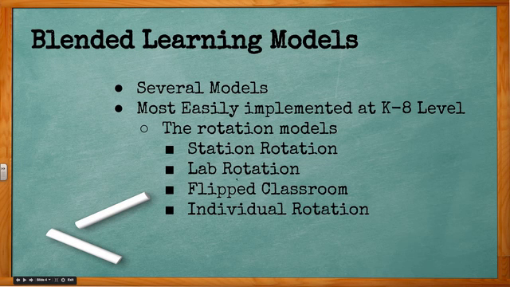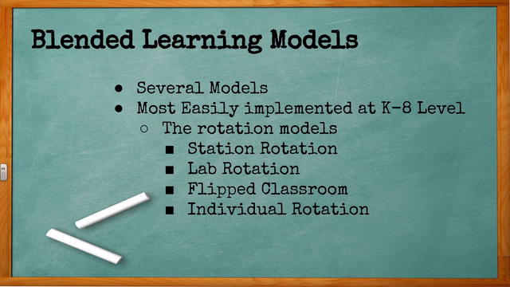The lab rotation looks a lot like the station rotation, except you are doing it by entire classes. So for instance, class A may be in the computer lab, watching an online or recorded video, getting all of their instruction completely online. Maybe they're watching a video about some science lesson.